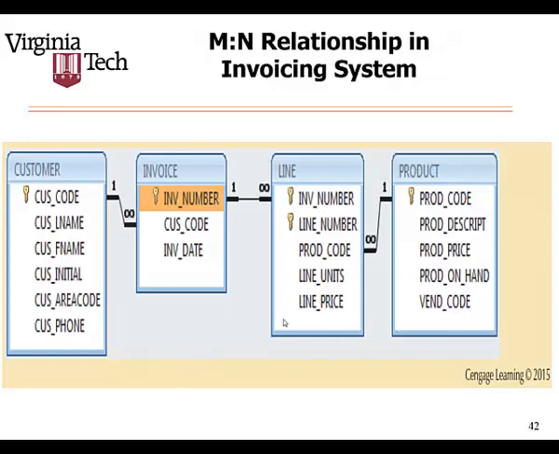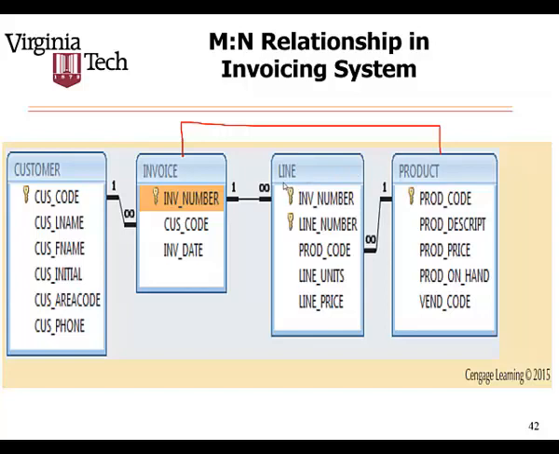So here's a many-to-many relationship in our invoicing system, between invoice and product. One invoice buys many products. One product is purchased on many invoices. So that's the many-to-many.